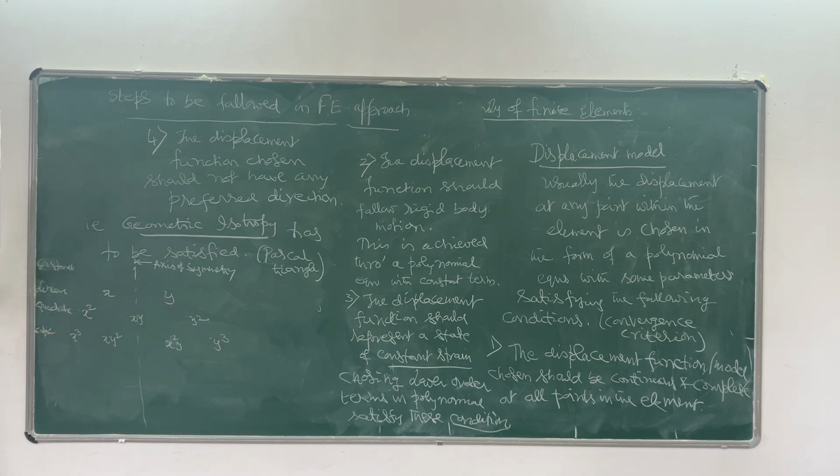It has to be like that. See, it is perfectly symmetric. The terms have to be like that. That is this geometric isotropy, or the Pascal triangle.